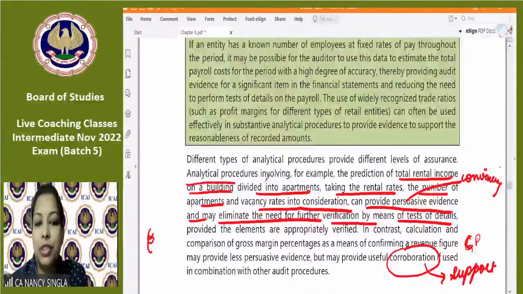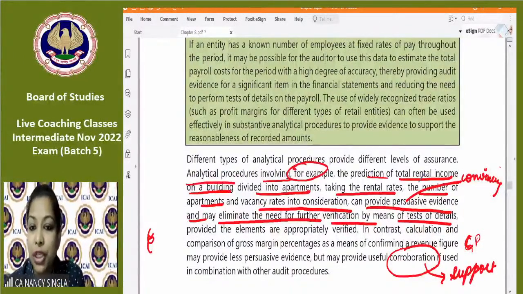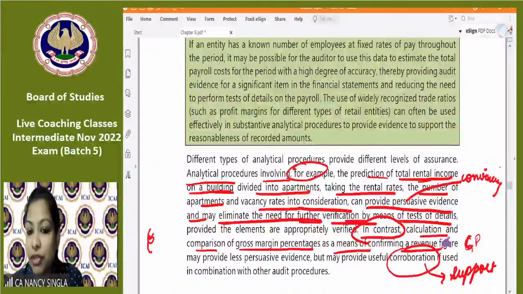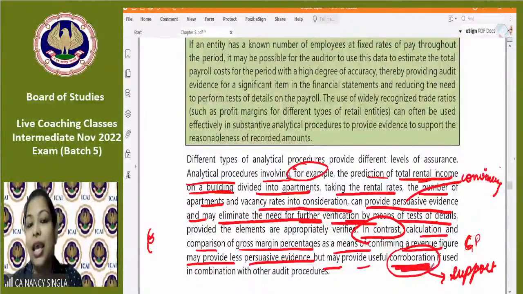See, analytical procedures involving, for example, the prediction of total rent and income of a building. आप ये सब करते हो. It may eliminate the need for further verification by means of test of details. In contrast, calculation and comparison of gross margin percentages as a means of confirming a revenue figure may provide less persuasive audit evidence, but may provide useful corroboration, that is supportive evidence, if used in combination with other audit procedure.